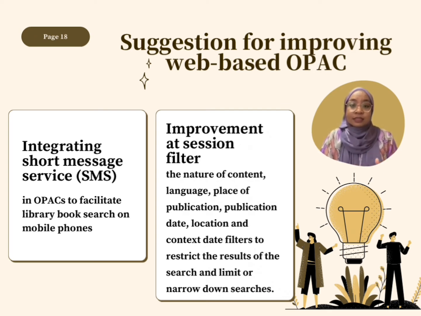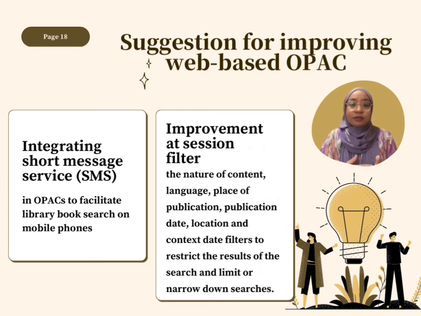Besides, another suggestion for improvement is at the session filter, such as the nature of the content, language, place of publication, publication date, location, and content date filters to restrict the results of the search and narrow down the searches. The reason for this is that in one of the IIT libraries, surprisingly, no filter was found in the Horizon-based OPAC of IITK.